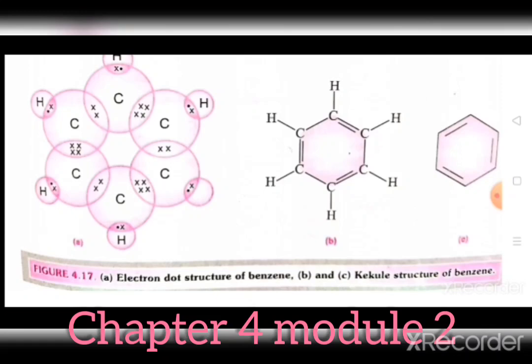Carbon and hydrogen are not shown. And the first one is electron dot structure. A part is the electron dot structure, and the sharing of electrons has been shown here. So the formula is C6H6. There are 6 carbons and 6 hydrogen in this molecule of benzene.